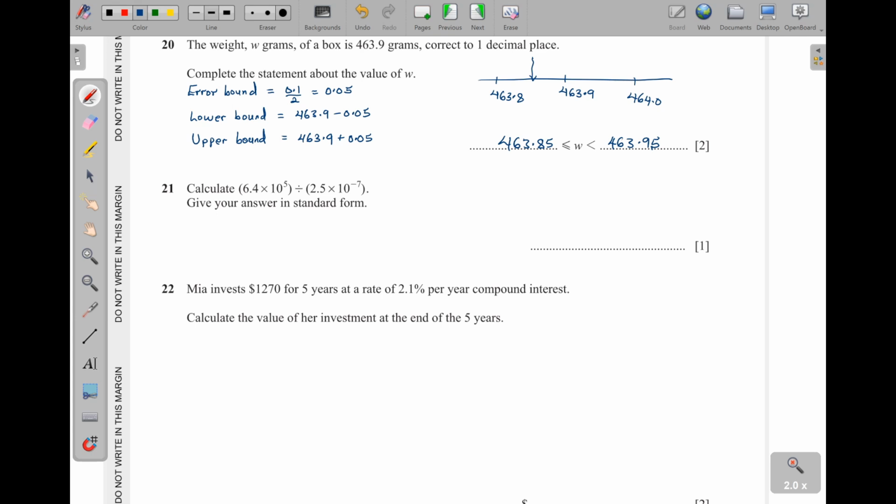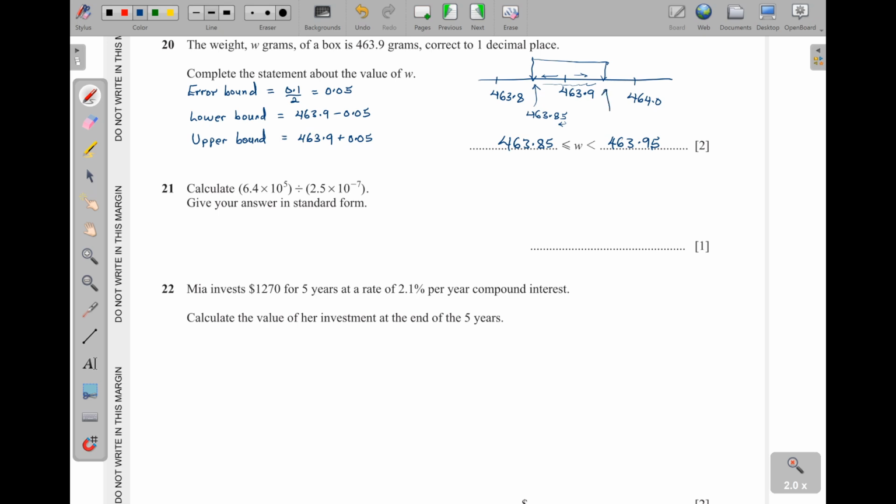Now we look at the middle on each side. This way we go a half, and this way we also go a half. So the number here is 463.85. When I round this off to one decimal place, it will give me 463.9, and so will all the numbers here.